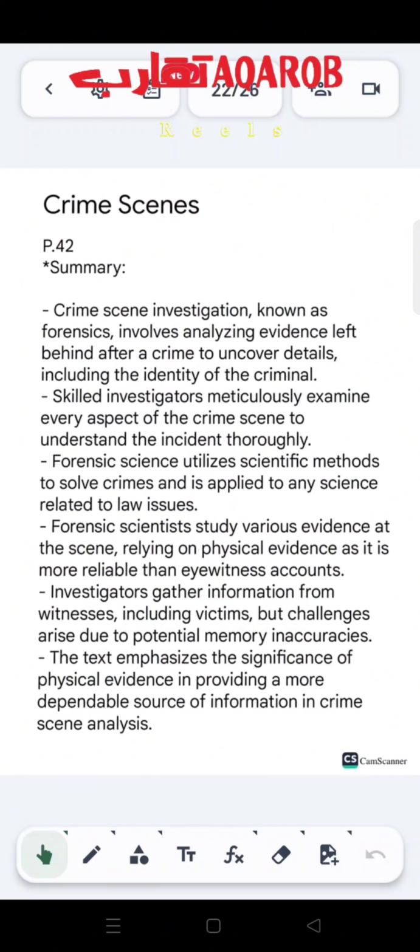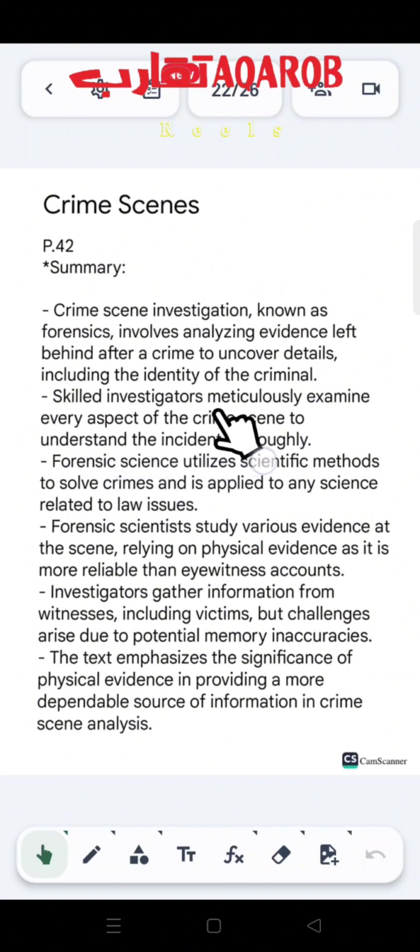So now after we have read the article about crime scenes, let's read the summary of it. So crime scenes, the summary. This is a summary of the first paragraph. Crime scene investigation, known as forensics, involves analyzing evidence left behind after a crime to uncover details, including the identity of the criminal.